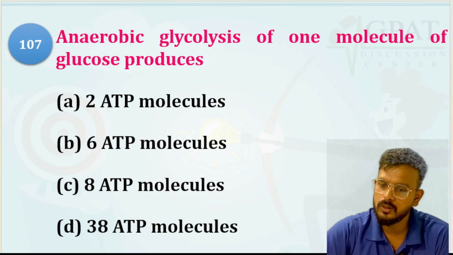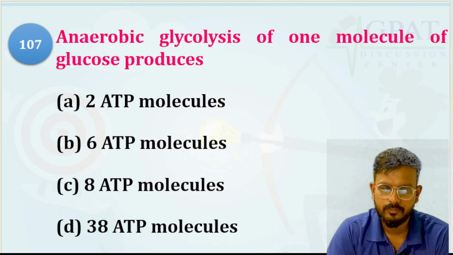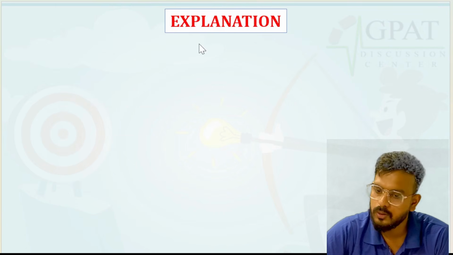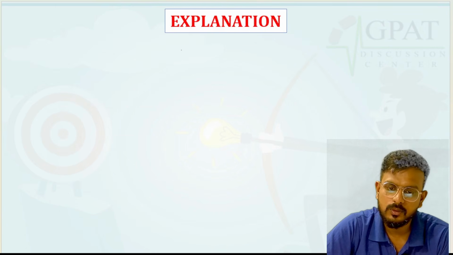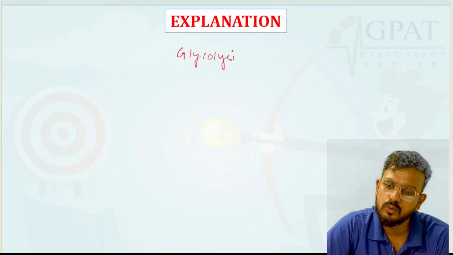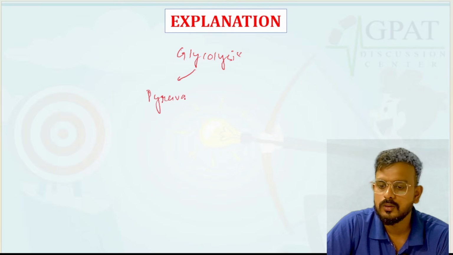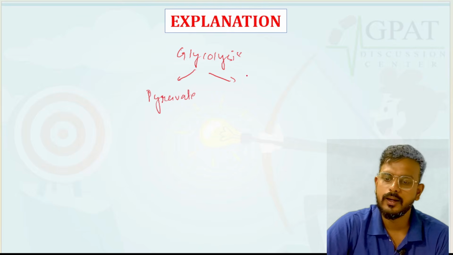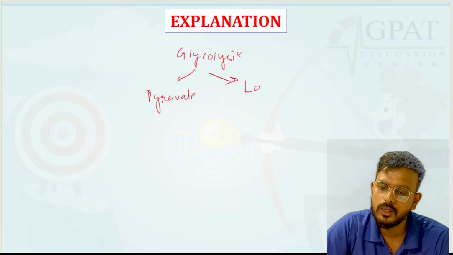If we talk about glycolysis, you get two end products. One is pyruvate, another one is lactate.